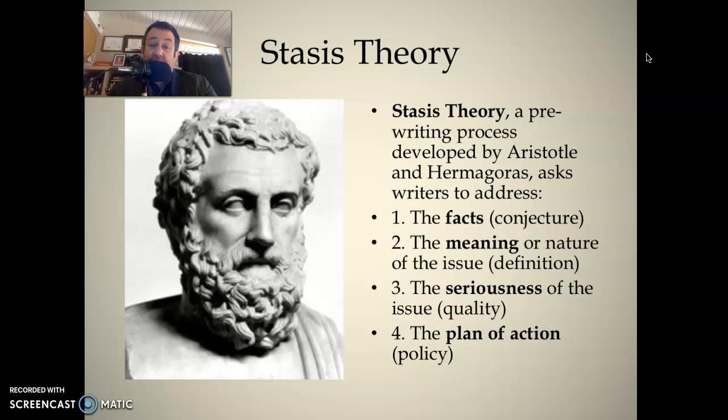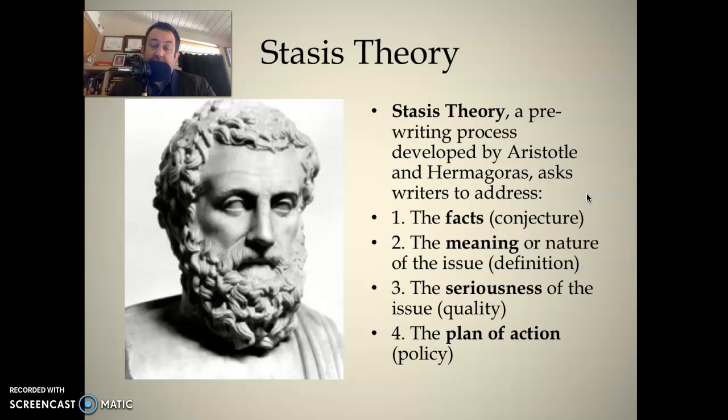And it focuses on 4 points, right? And so basically, this is how I would use it in this case. This is a pre-writing exercise. So let's see. We want to focus on the facts, the meaning, the seriousness of the issue, and to propose a plan of action.